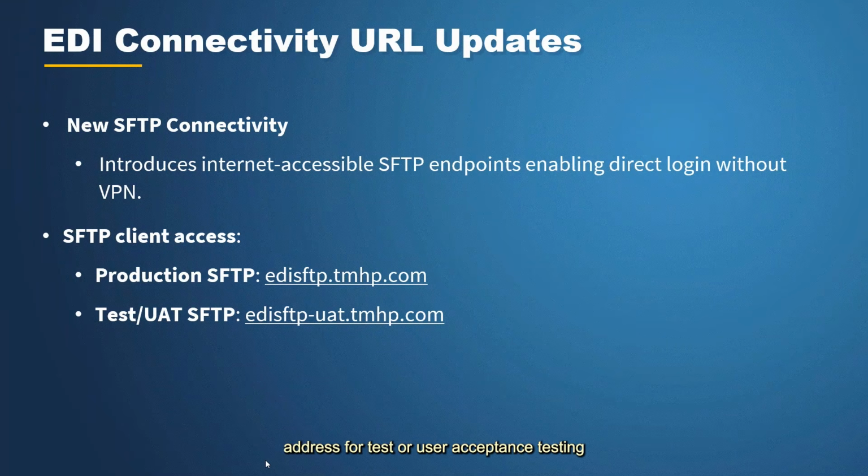The new URL address for test or user acceptance testing EDI SFTP access is EDI SFTP-UAT.tmhp.com. Your testing will take place in the test site, EDI SFTP-UAT.tmhp.com. You will only begin sending production files to EDI SFTP.tmhp.com after your testing has been completed.